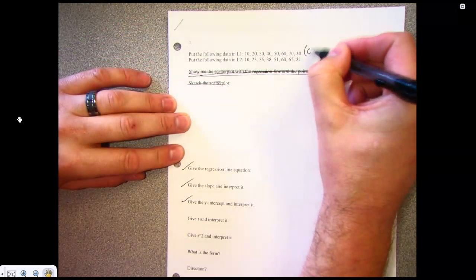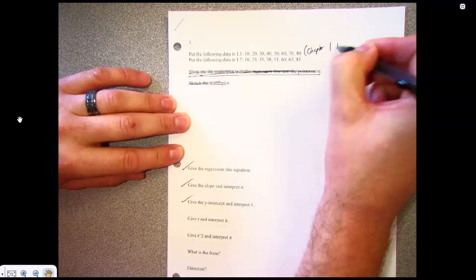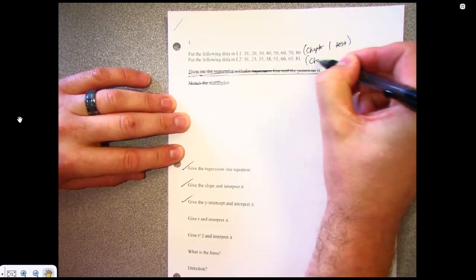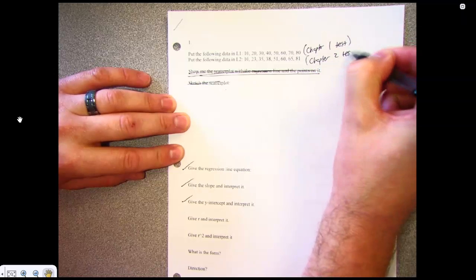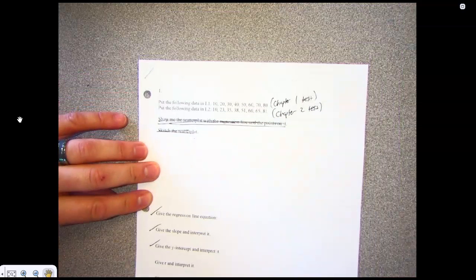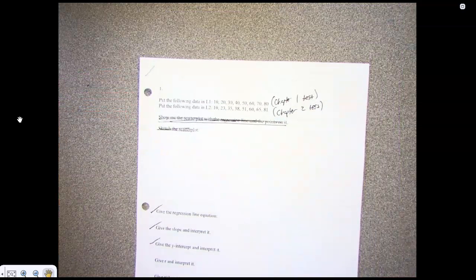And let's say that L1 is chapter 1 test, and L2 is chapter 2 test. I know you can't see it, but I said it, and I'll move in a second. Calm down.